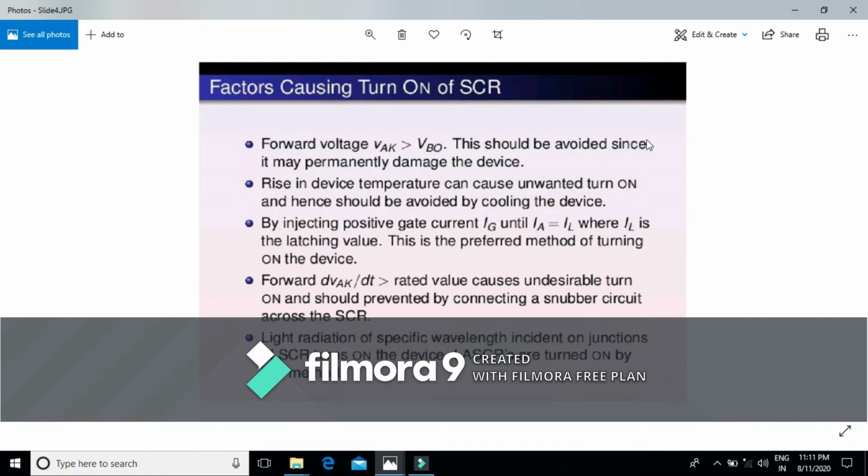Here, the SCR is turned on as the inner P2 layer is flooded with electrons from the cathode, resulting in the reduction of the depletion layer across the junction J2. This causes the junction J2 to break down at an applied voltage lower than the breakover voltage. So, the higher the value of gate current, the lesser will be the breakover voltage.